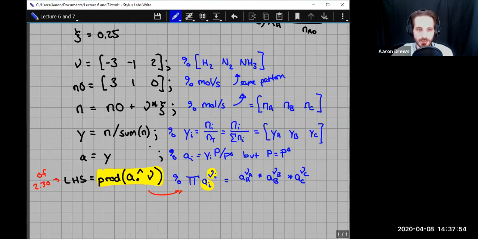Yeah, left-hand side is the product term in equation 2.30. And then we would have to ask ourselves, is the left-hand side equal to K sub A? Maybe it is, maybe it isn't. If we wanted to write it in root finding form, we could do so. But this is a good approach that calculates everything the way that we need it to in its most natural form. So if I try this in MATLAB, we can actually very quickly demonstrate what fsolve is doing.